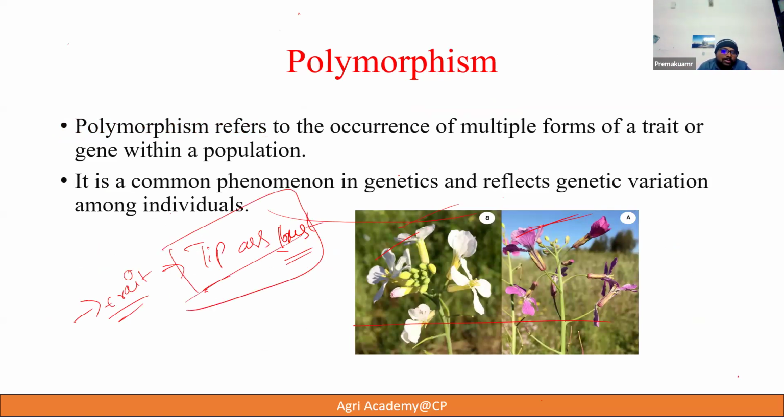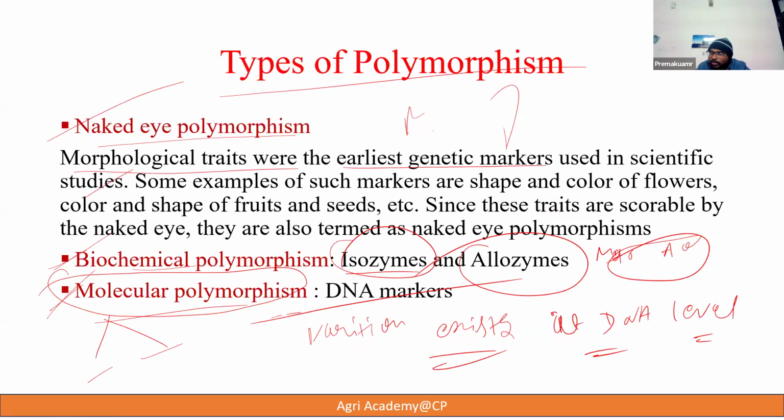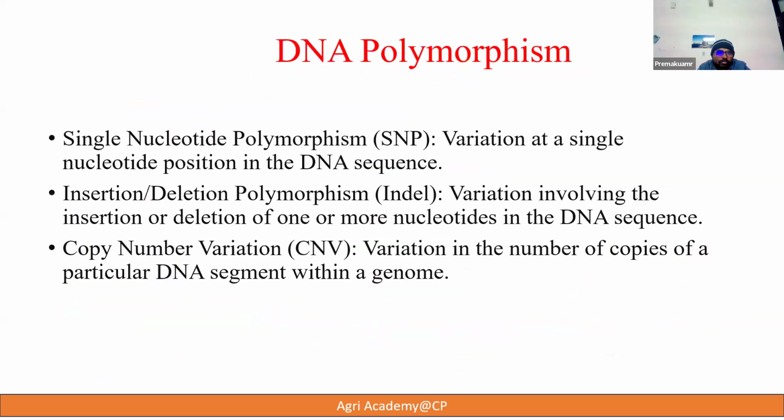There are so many examples in the agricultural science books for naked eye polymorphism; you read it. Then biochemical polymorphism, I will discuss in detail. Before going to biochemical, I want to discuss DNA polymorphism. Actually, some slides are missing; some error has happened.